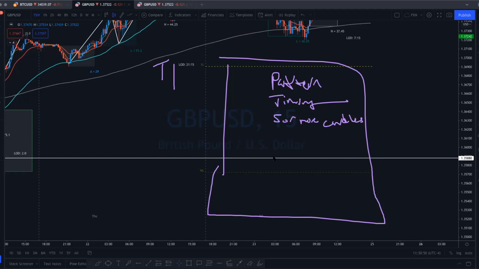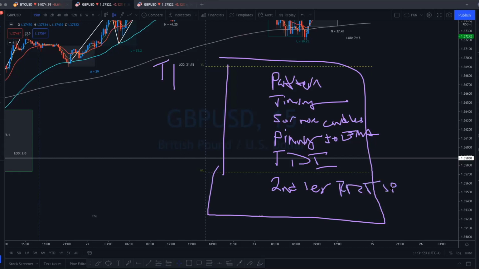What else? Is it bouncing off? Or is it pinning, I should say. Pinning to an EMA. Do you have good confirmation on the TDI, which we'll talk about next? Second leg, let's say railroad track or star pattern. So think about what we just made here of a quick list.